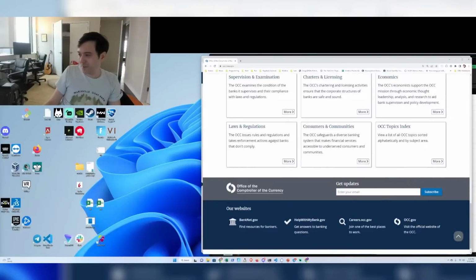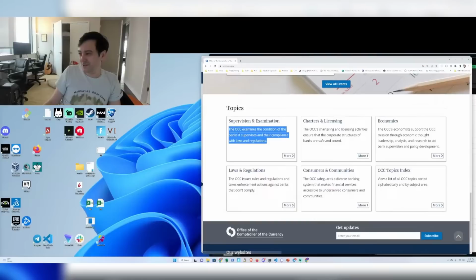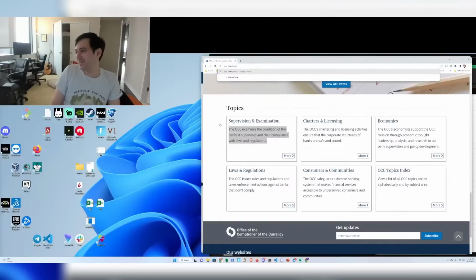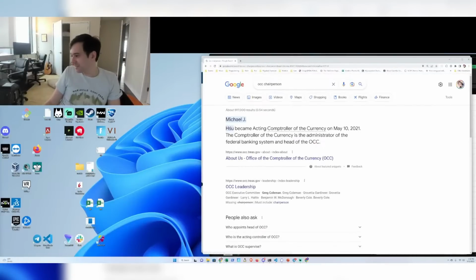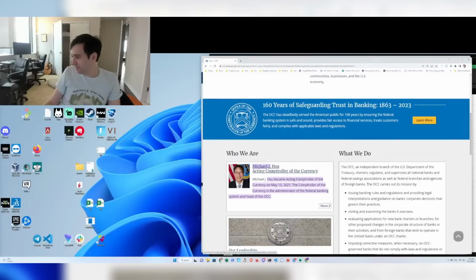So I haven't heard many people talking about the OCC. But let me see here. It says here, the OCC examines the condition of the banks it supervises and their compliance with laws and regulations. Let's see, who is the OCC chairperson? Michael J. Hsu. Yes. I remember when he was confirmed.